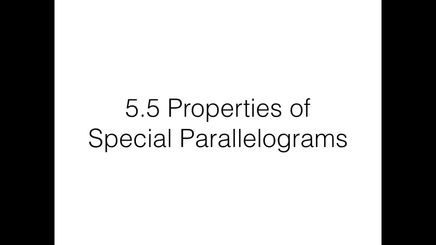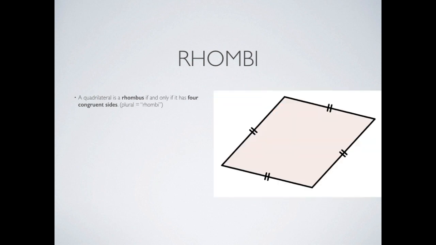Next, section 5.5, special properties of special parallelograms. The first one we'll talk about is rhombus, or rhombi. A quadrilateral is a rhombus if and only if it has 4 congruent sides. So here we have a picture of a rhombus. You'll notice the congruence markings show that I have all 4 congruent sides.